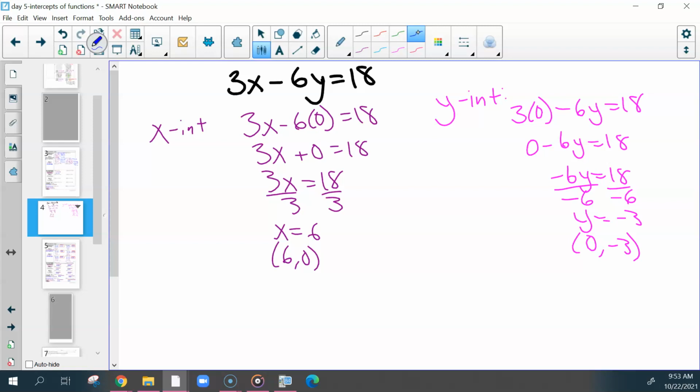So if I'm solving for an x-intercept here, I could skip right to this step and solve that. Same thing for your y-intercept. If you know you're solving for a y-intercept, you have to put 0 in for x. This would make this 0, it would disappear, so you could skip right to this step. You would still need to show me that you divided, but you could skip to this step if it's in this format.